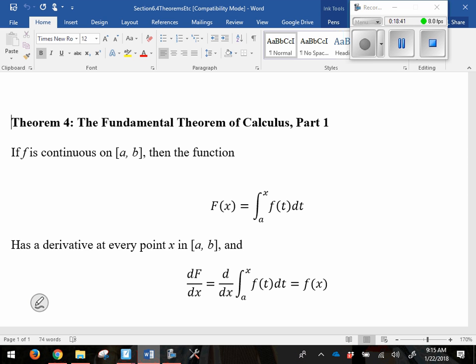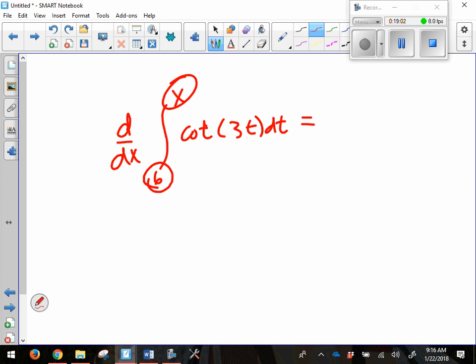So I'm taking the derivative of the integral from some constant to x of f of t dt, and what's that equal to? f of x. So I take whatever my function is in here, and I just change all the t's to x's. That's what the fundamental theorem of calculus tells you. So if this were just an x up here, what would this be? Yeah, cotangent 3x. I would just take whatever my function is in here, and I would change all the t's to x's.